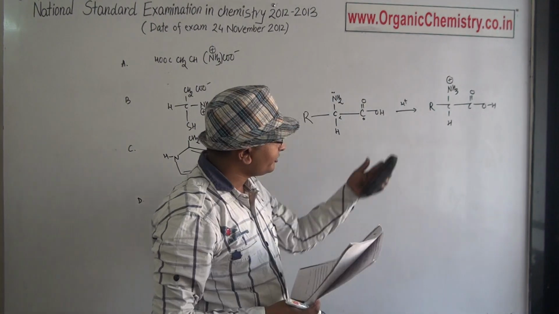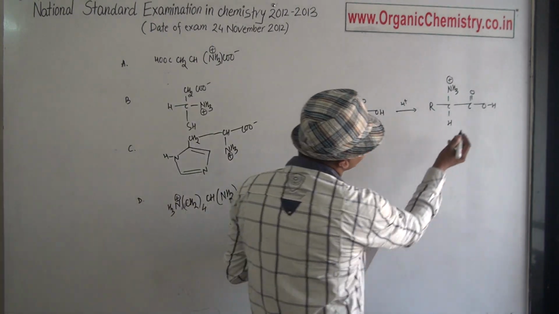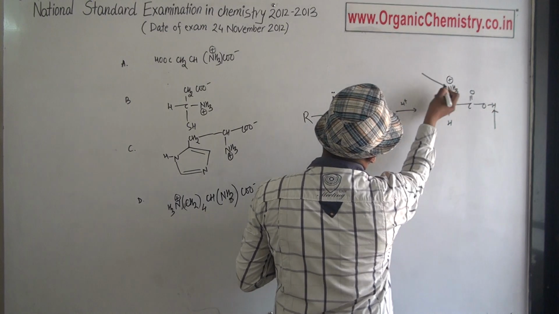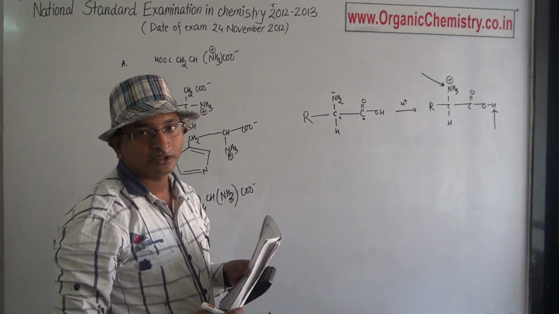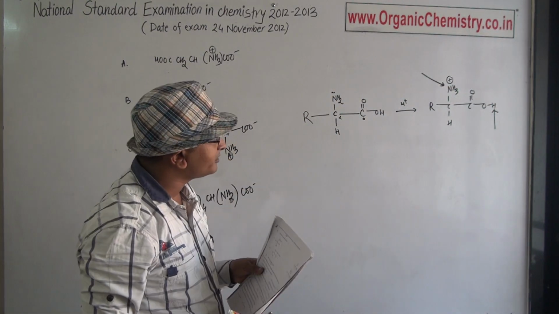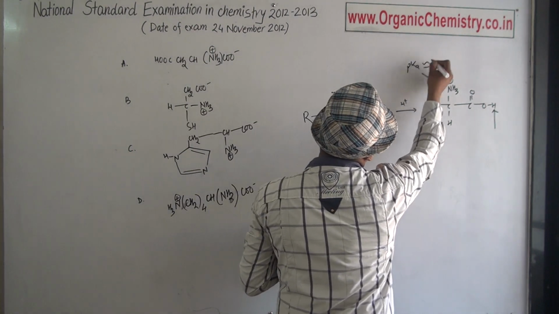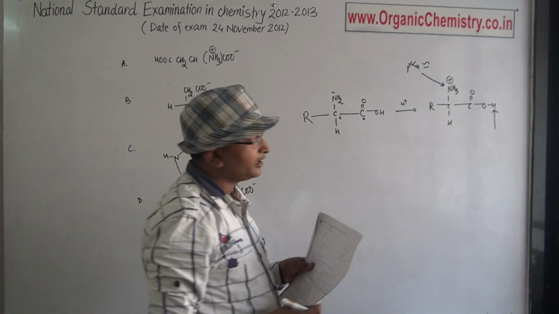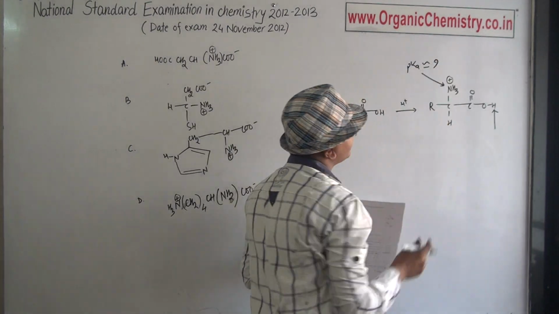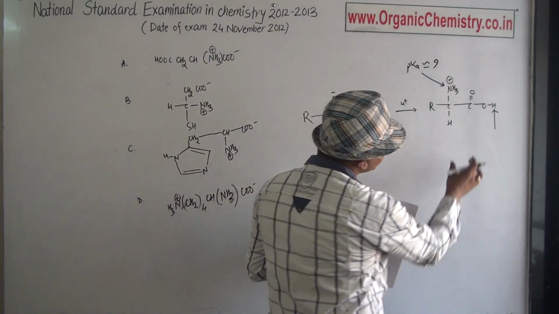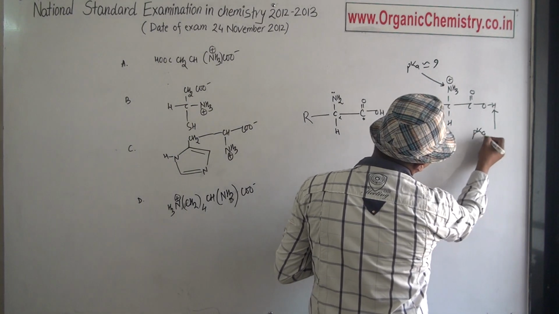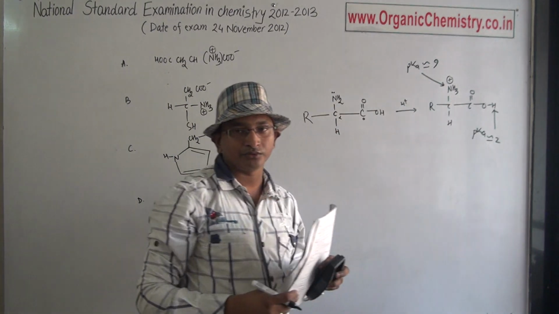So an amino acid has two acidic hydrogens, the first at this position and the second over this position. It is experimentally observed that the pKa value of this NH3+ is nearly 9 and the pKa value of this acid is nearly 2.